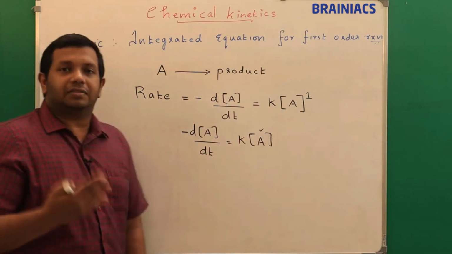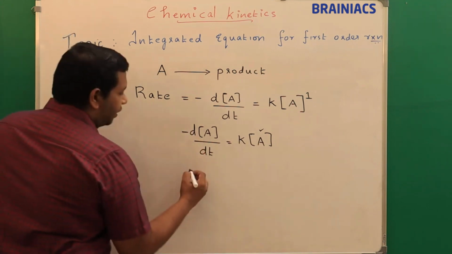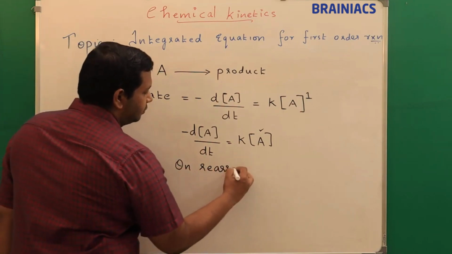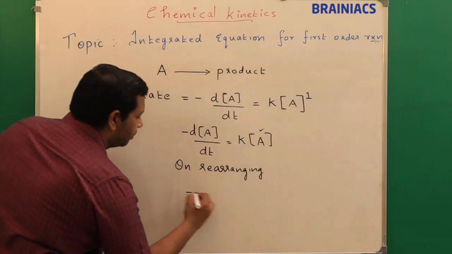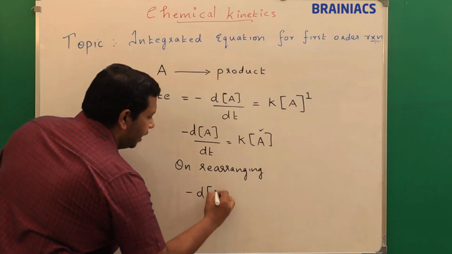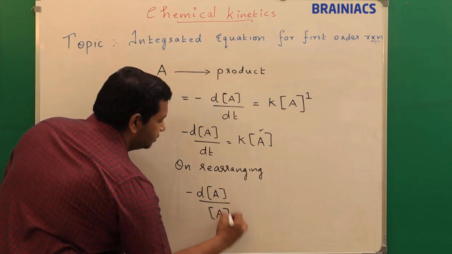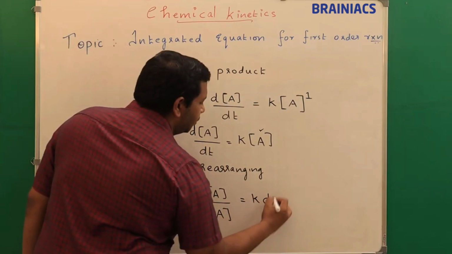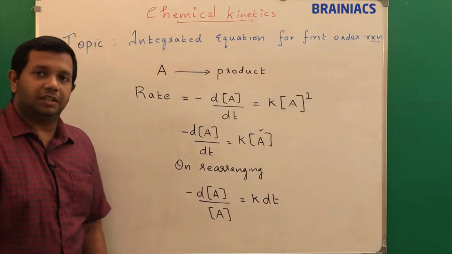On rearranging, this becomes minus dA by the concentration of A equal to K dt. I hope this much is clear for you.